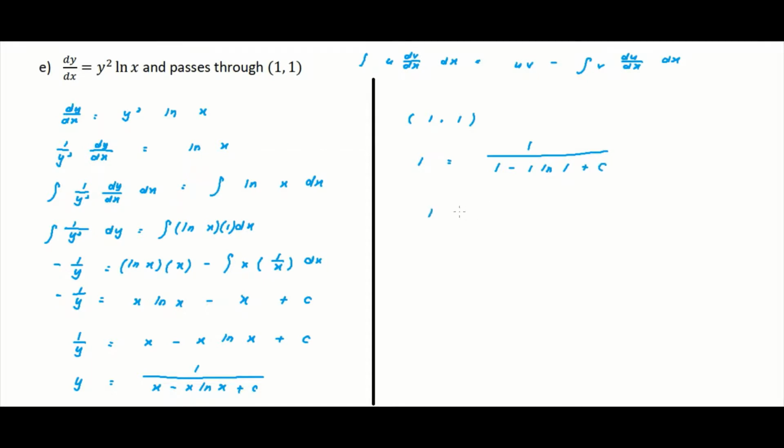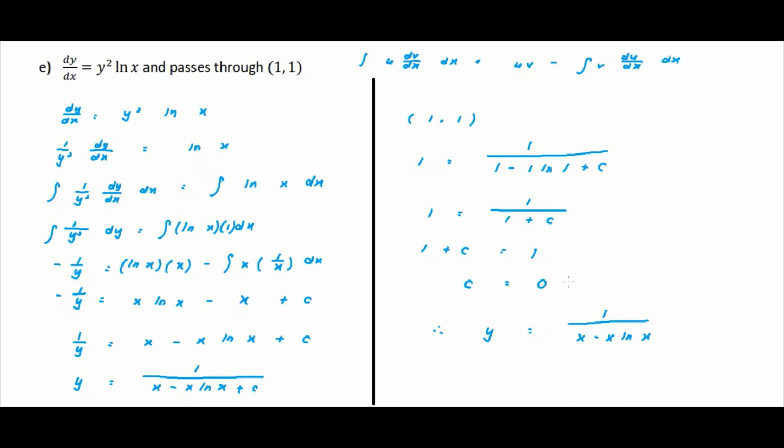So ln 1, what do you get? You get 0, right? So you're left with 1 plus c. So 1 plus c equals to 1. So we get c equals to 0, meaning that what is our particular solution? It will just be y equals to 1 over x minus x ln x.